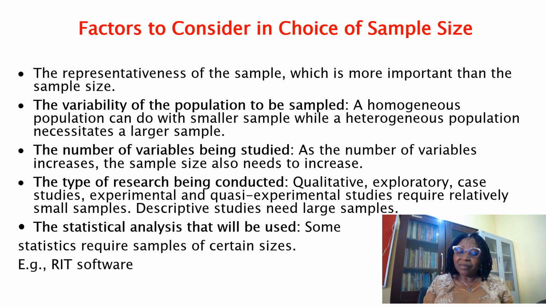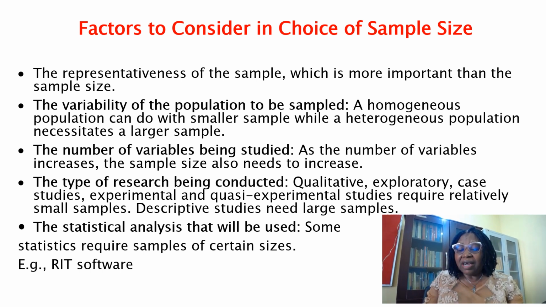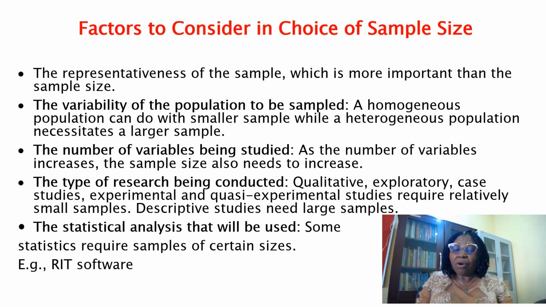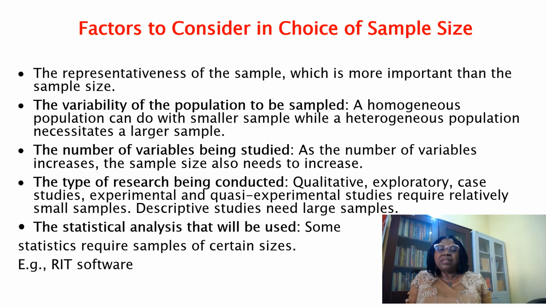For instance, if one is working on instrumentation and is going to analyze the research with any of the IRT, item response theory, software, your sample size must be a minimum of 500.